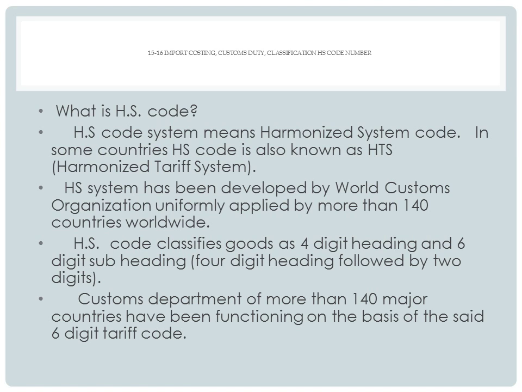HS code classifies goods as 4-digit heading and 6-digit subheading, 4-digit heading followed by 2 digits. Customs Departments of more than 140 major countries have been functioning on the basis of the said 6-digit tariff code.